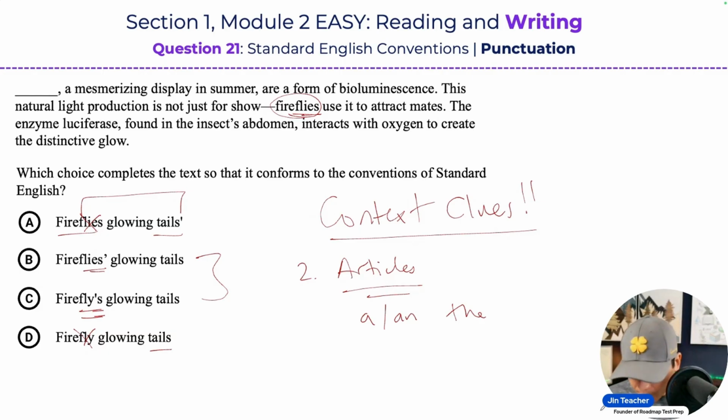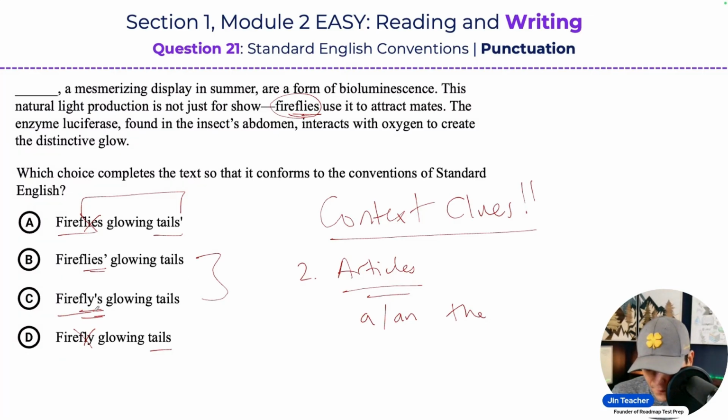Now, this is the grammar rule that you guys should just know. I can teach you guys the grammar behind it, but you don't need to know exactly why, although I can kind of share with you. As long as you know that this is the case, that should be enough for you, okay? Because here's the rule.